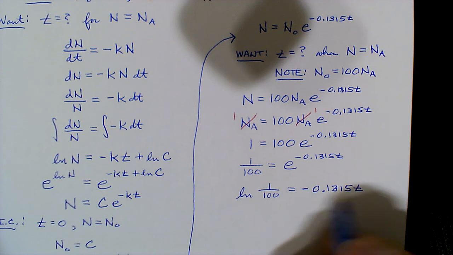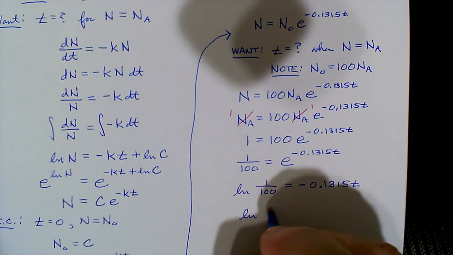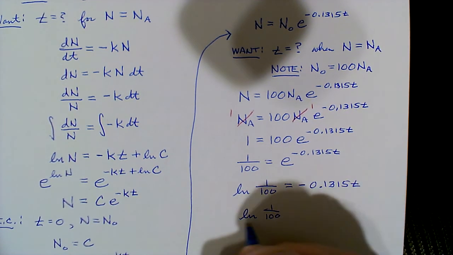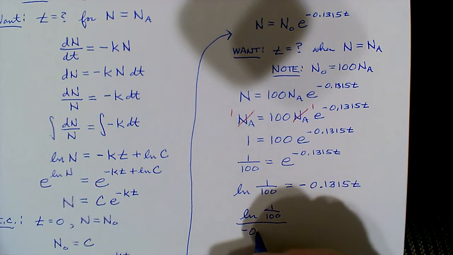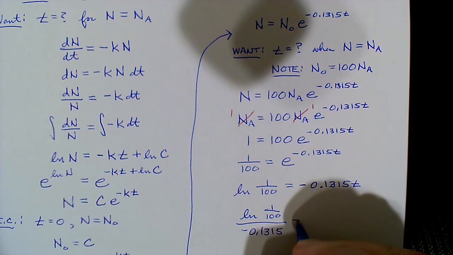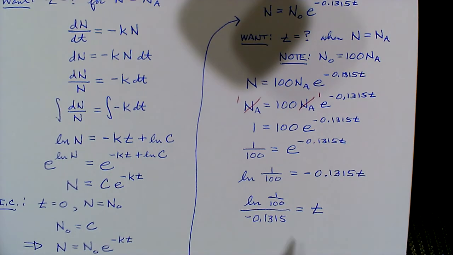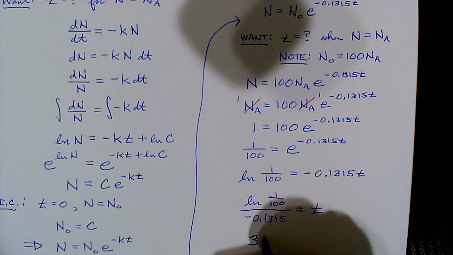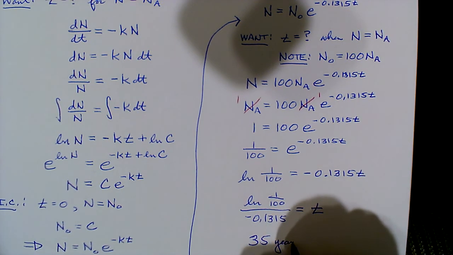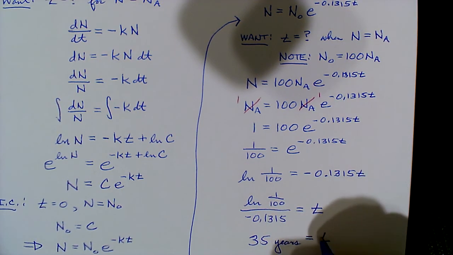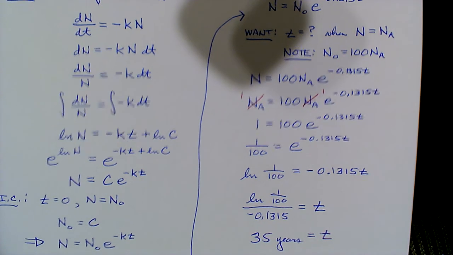Then we would divide by the coefficient of t. Okay, so in the future, I'm going to be doing all these steps mentally. We'll see that in the next example. And then at that point, use your calculator. And t is about 35 years.